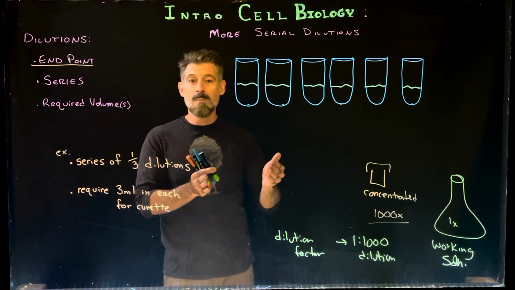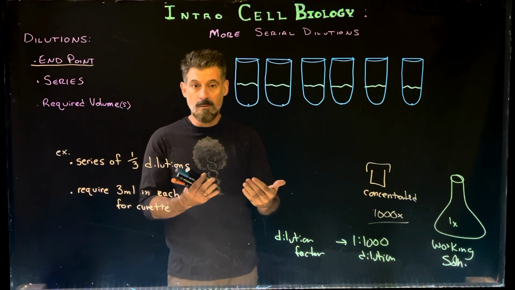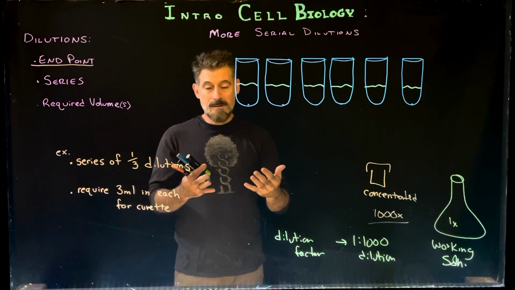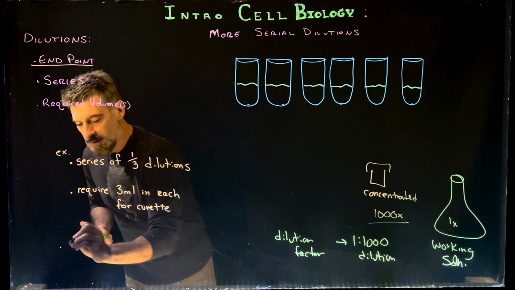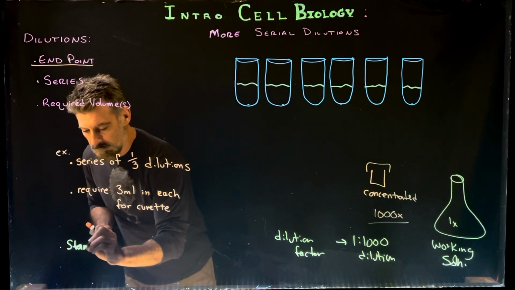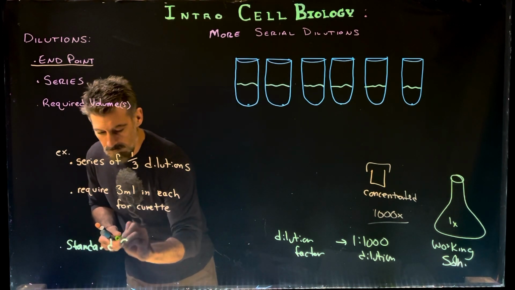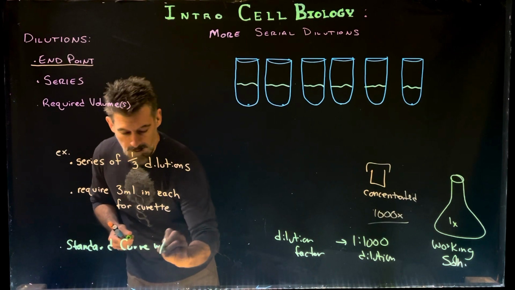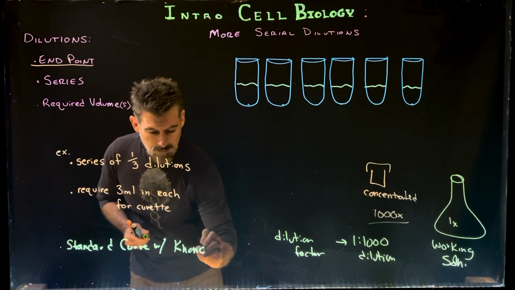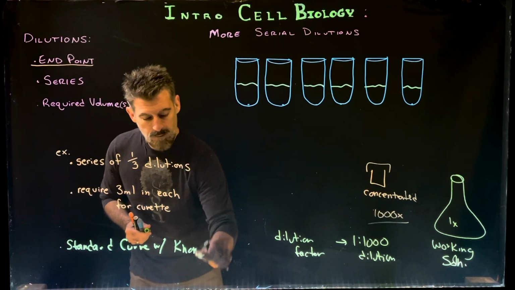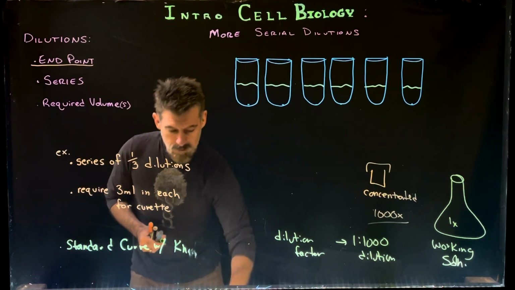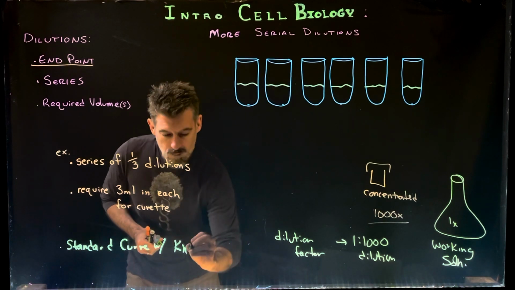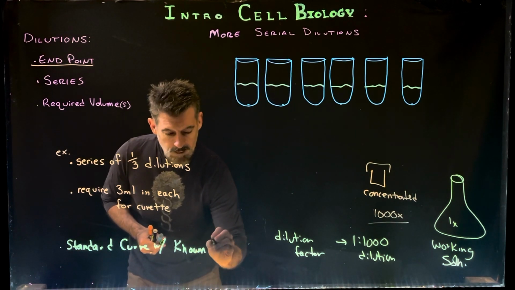That's going to be the case when we're trying to find the concentration of unknowns. Normally what we do in that scenario is we create what's called a standard curve. And then we're going to have known concentrations.